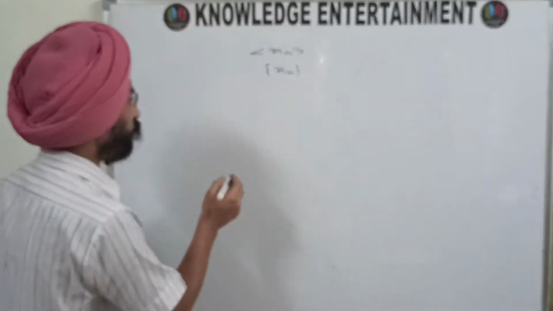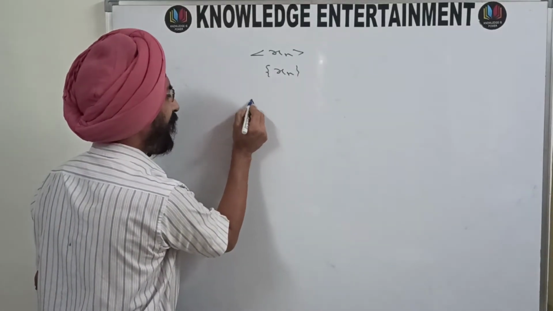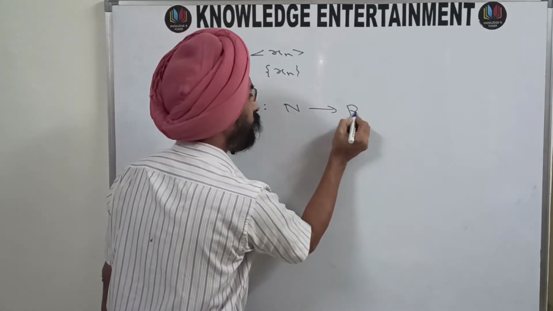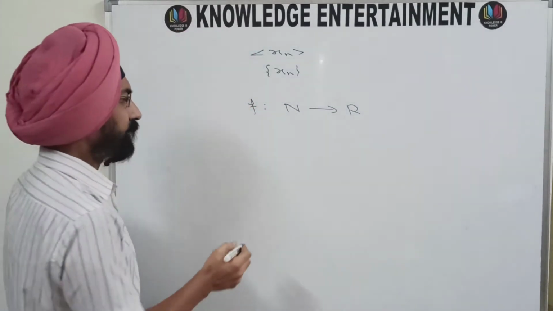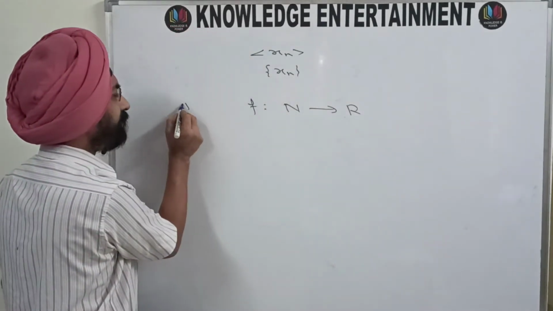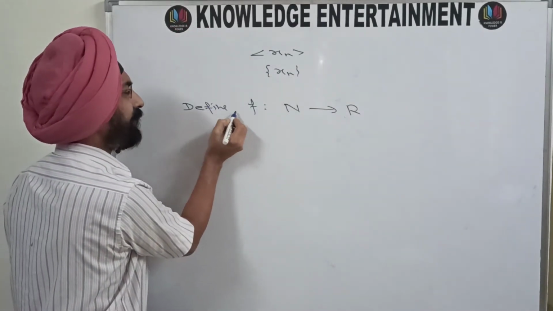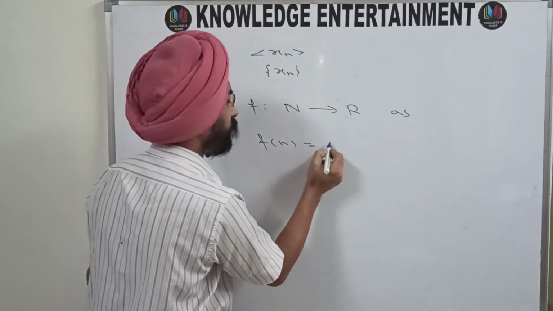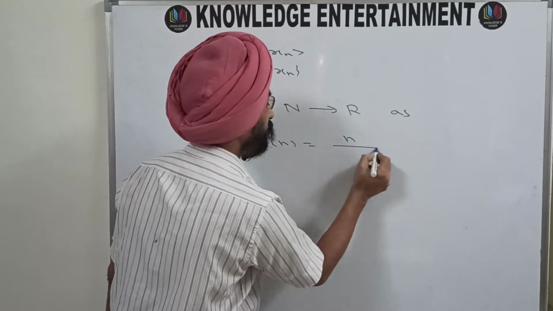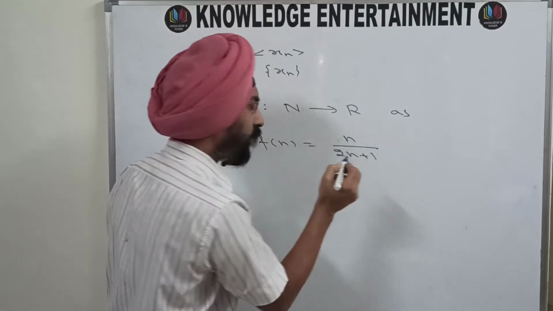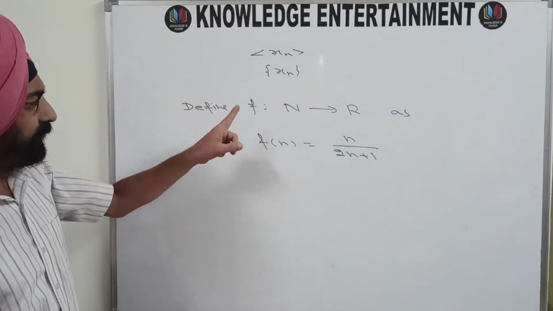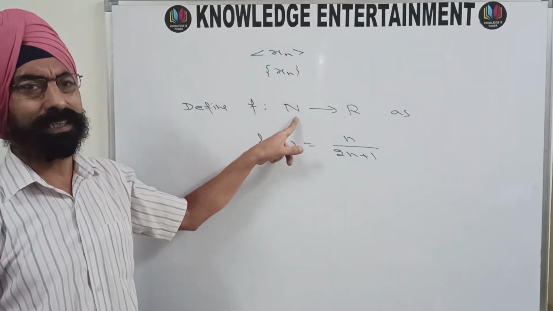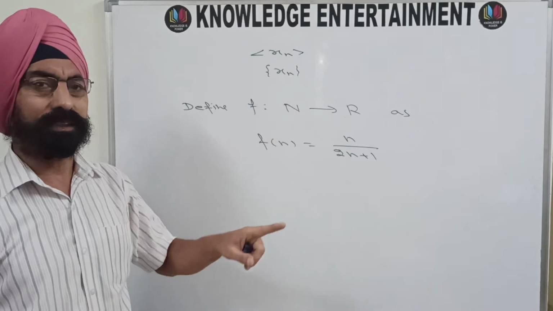Suppose you define a function f from the set of natural numbers to the set of real numbers, defined as f of n is equal to n upon 2n plus 1. Here this function is having N, the set of natural numbers, as the domain set. So this is a sequence.